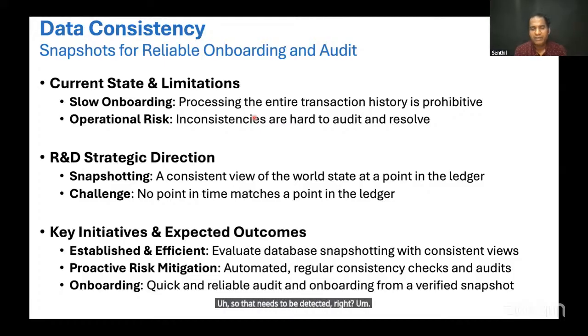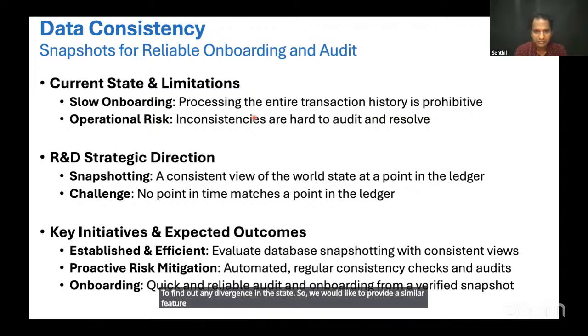In Fabric, we have something called a snapshot. Using the state snapshot, two organizations can compare the result to find out any divergence in the state. We would like to provide a similar feature in Fabric X as well, because that would also help speed up the onboarding process, because you don't need to process all the blocks to onboard a new organization.